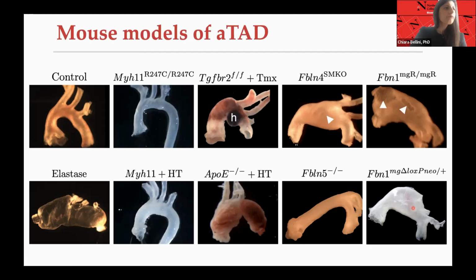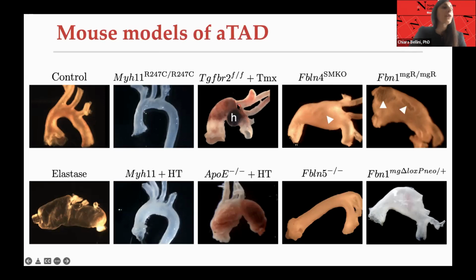We then have 2 models carrying mutations in genes that code for proteins of the fibulin family. So while the smooth muscle cell-specific deletion of the fibulin-4 gene causes mice to develop large aneurysms of the ascending aorta, with tissue lesions that are visible under a dissection microscope, indicated by the white arrows there, the aorta of the fibulin-5 knockout mice becomes elongated and tortuous, but not aneurysmal.